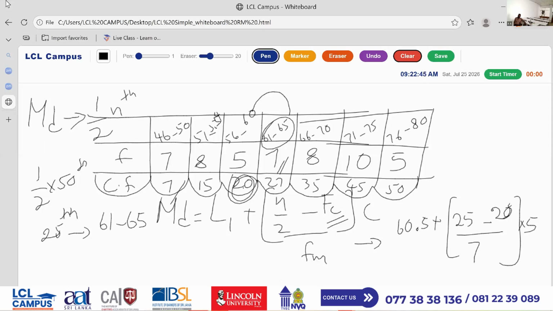Because the median class we got is 61 to 65, the median answer should be between 61 and 65. Remember, here 25 minus 20 is 5, 5 into 5 is 25. Take 25 divided by 7 using the calculator.